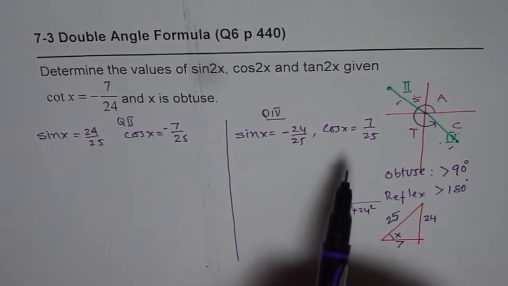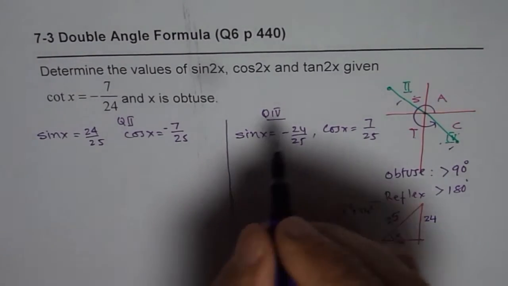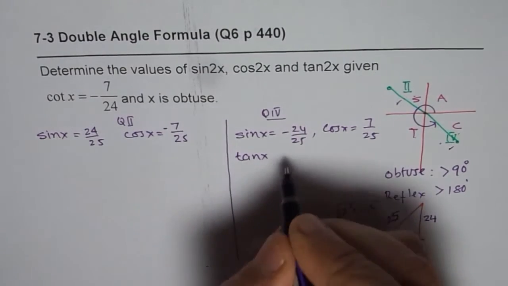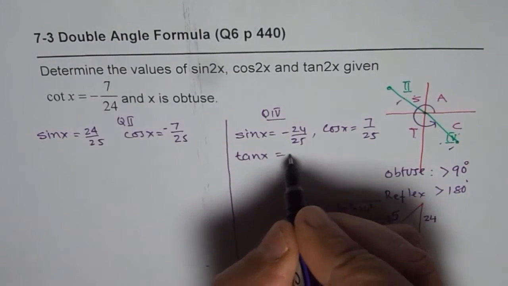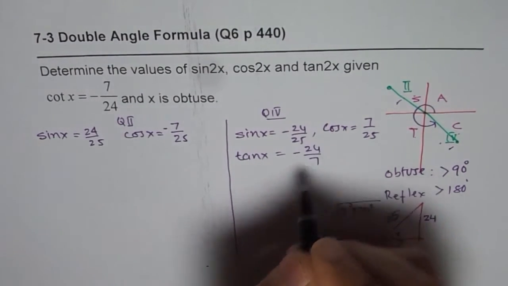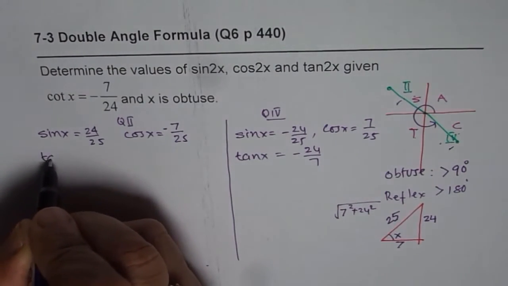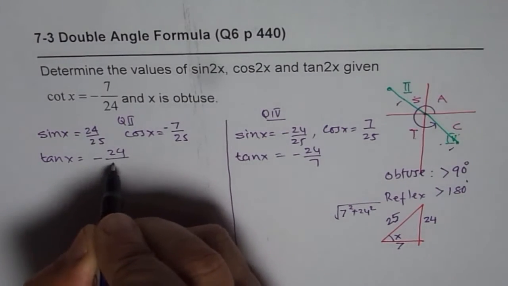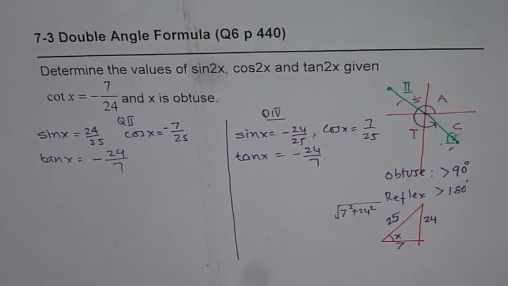Correct? We already know cot, and so we can write tan also now. So tan x, which is going to be negative in both, is the reciprocal of this, which is minus 24 over 7. So tan x equals minus 24 over 7, right?